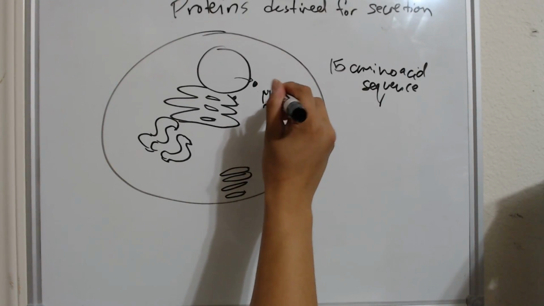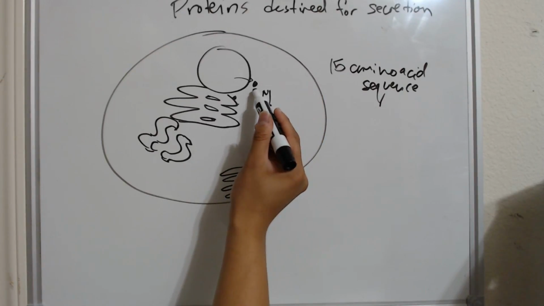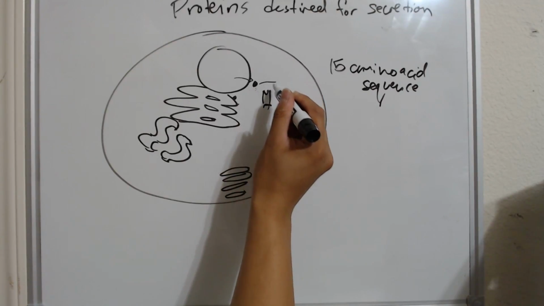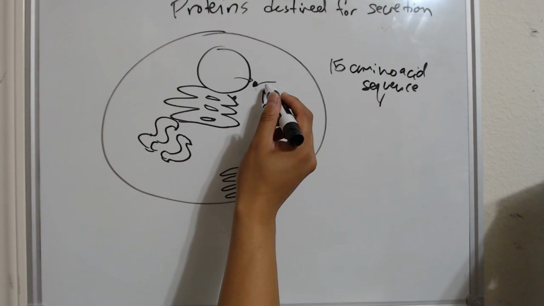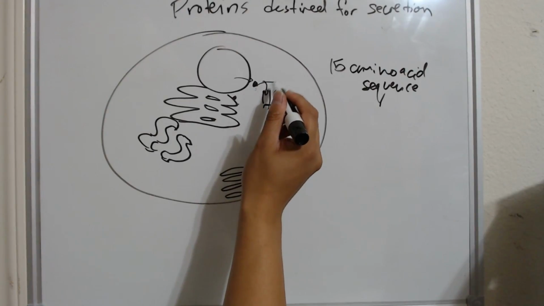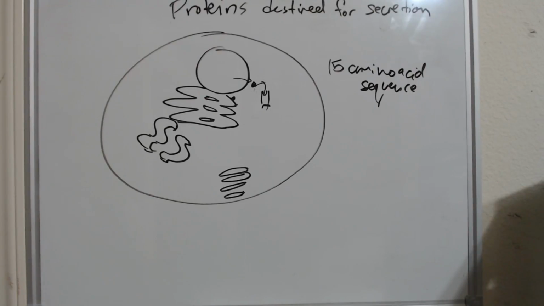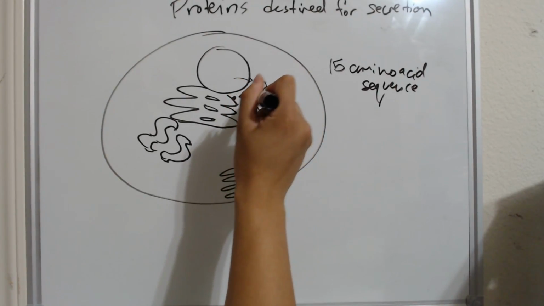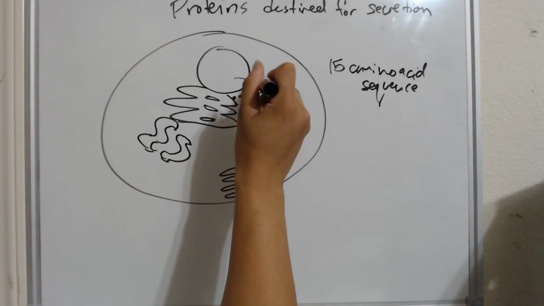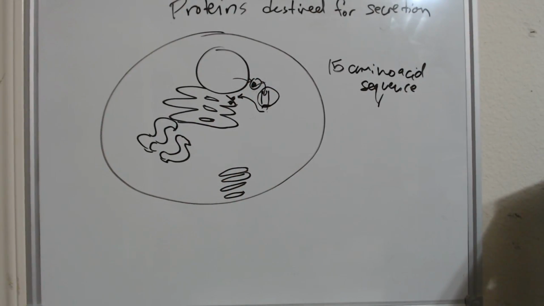It will detect the 15 amino acid sequence right here, and it will grab it if it detects the right sequence, and it will transport it to here. This protein will go attach here. This protein will go inside the rough endoplasmic reticulum.